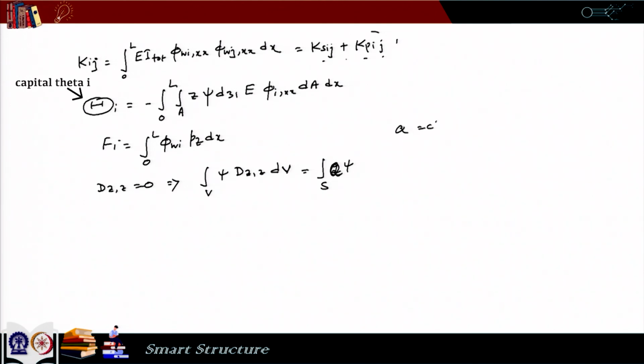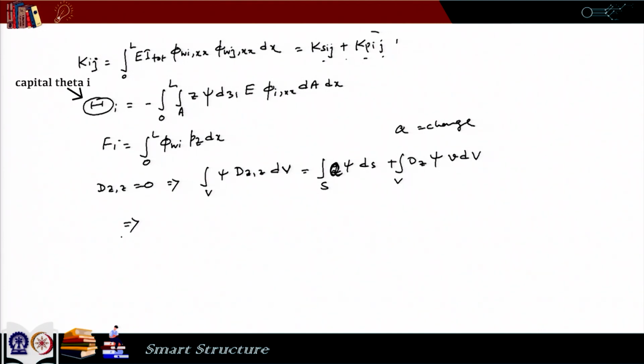So, capital Q is equal to charge because we are using small q to denote the coefficient associated with the displacement components. So, it is ds plus V dz psi multiplied by V, and then dV.